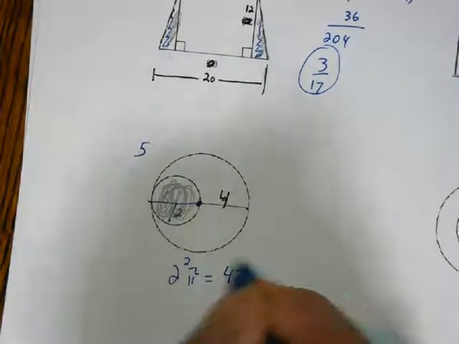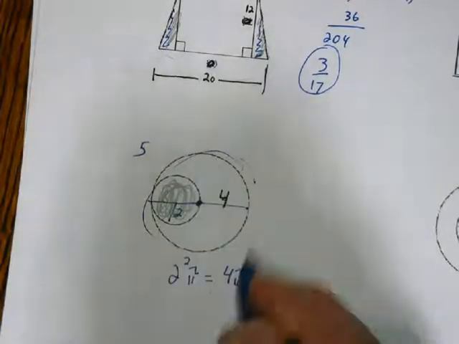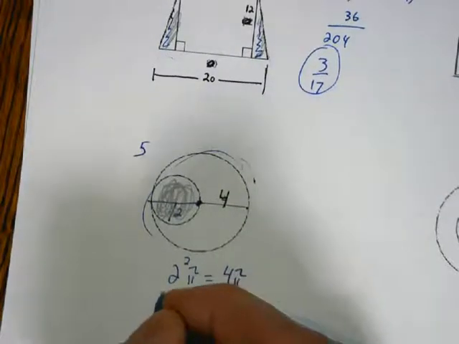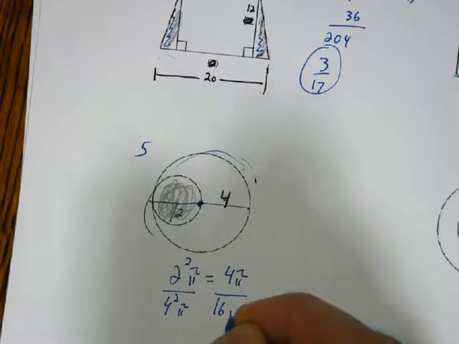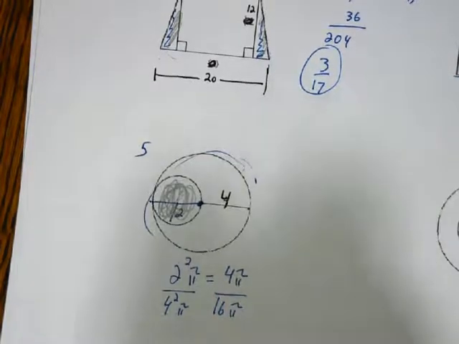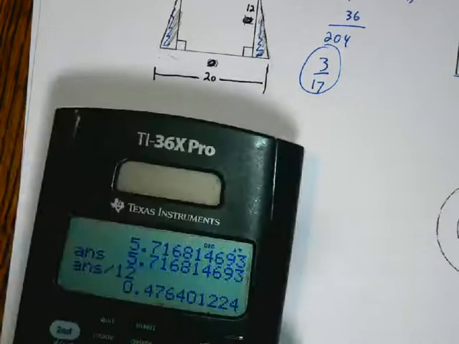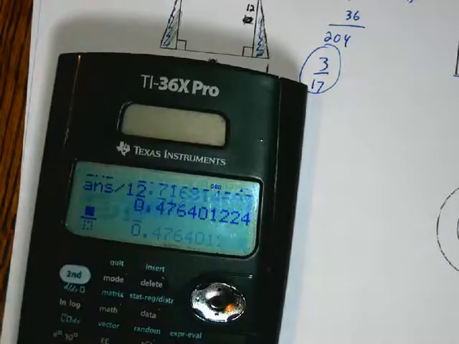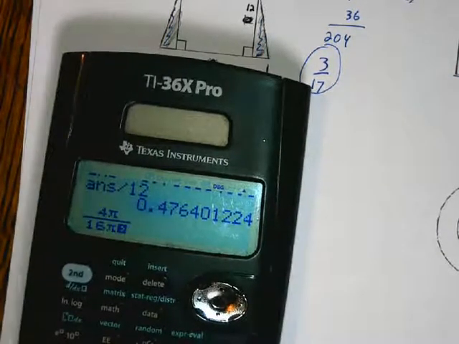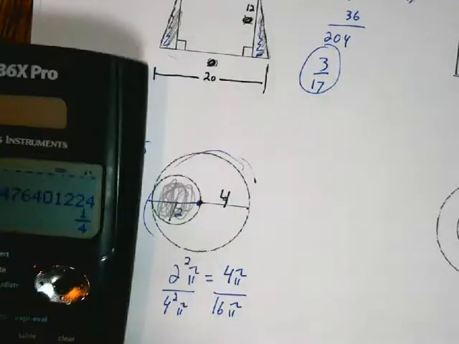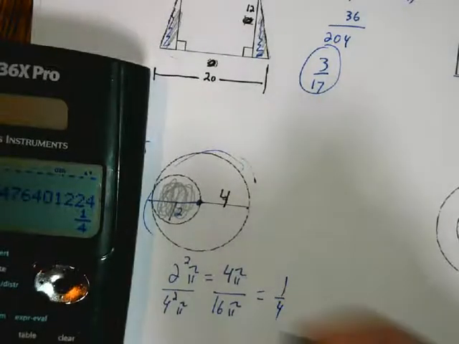And to that, we have to divide it by the area of the large circle, which has a radius of 4, so 4 squared pi, which would have been 16 pi. So when you put this in the calculator, again, use the fraction bar, 4 pi over 16 pi, hit enter, and you get 1/4, or 0.25.